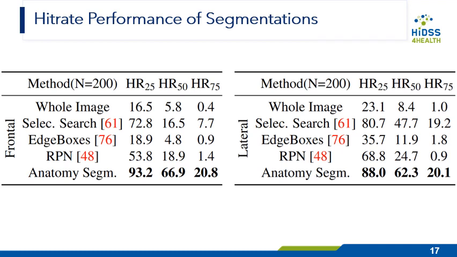Using our anatomy segmentations as a proposal method, we can achieve a much better hit rate than if we use standard proposal methods for both the frontal and lateral case, where we outperform both selective search and edge boxes for all hit rate thresholds.